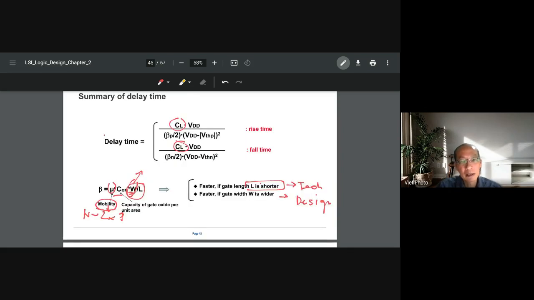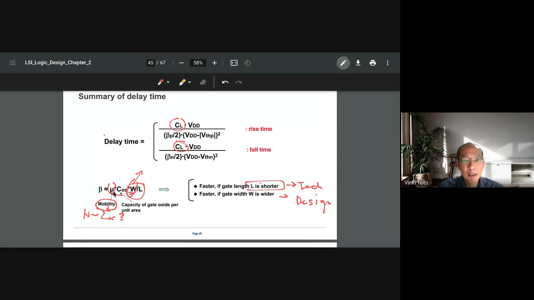Okay, again, come back to the delay time here, before I talk about the current, right? The current is proportional to width, which is the only thing the designer can impact or design. You can see again that the delay time is really related to the width here.